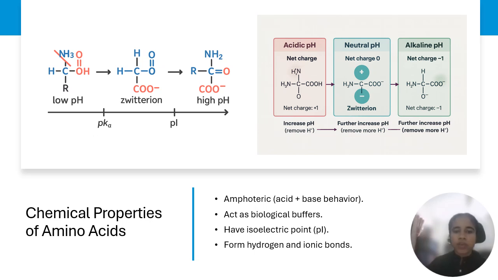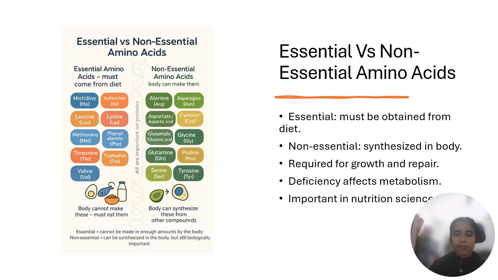Because of this property, amino acids also act as biological buffers, helping to maintain a stable pH inside the cells. They can also form hydrogen bonds and ionic interactions, which later help to stabilize protein structures. So chemically, amino acids are very dynamic molecules.